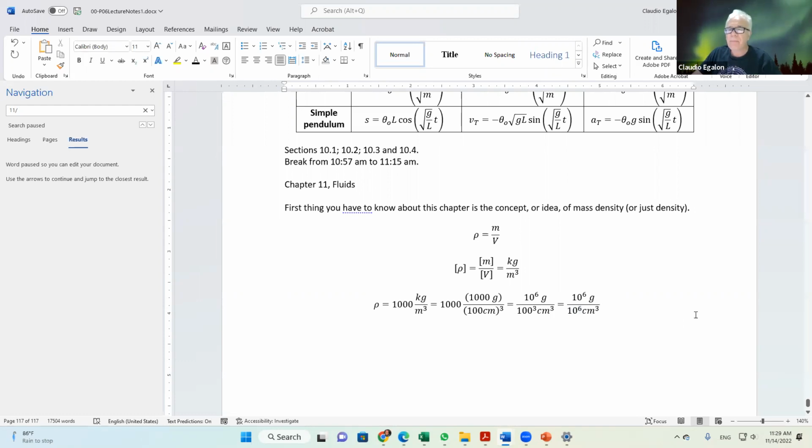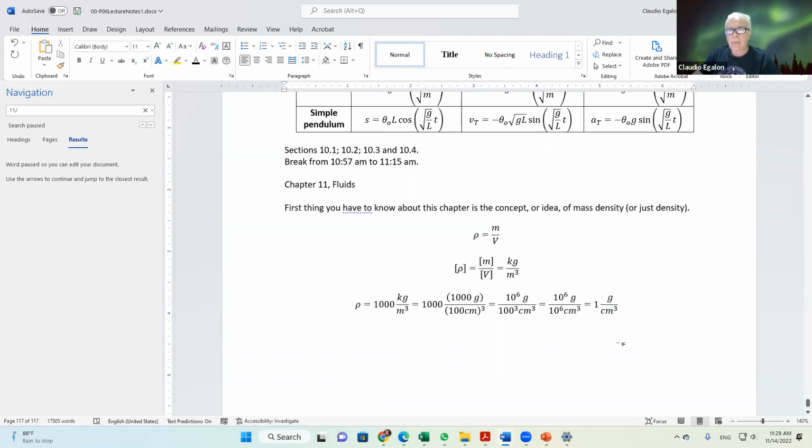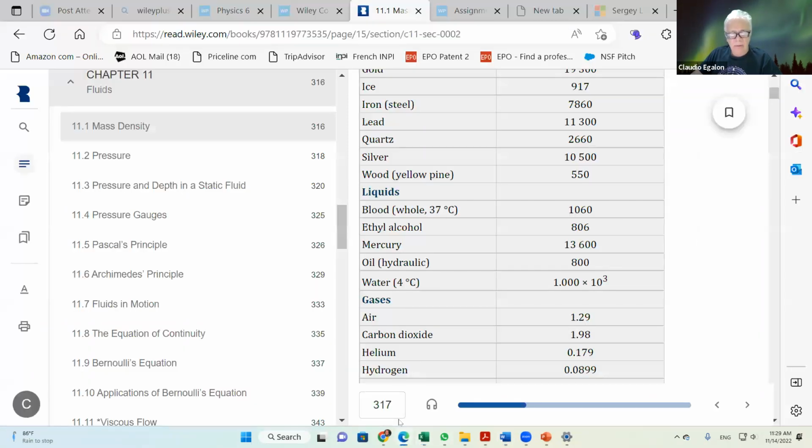It's 10 squared times 10 squared times 10 squared. And look, didn't we get 1, like I mentioned to you? 10 to the 6 cancels out with 10 to the 6, and whatever goes here in front is going to be the number 1. So 1,000 kilograms per cubic meter corresponds to 1 gram per cubic centimeter. That's for water, and I can write that down right here. But then we have other substances as well, okay?